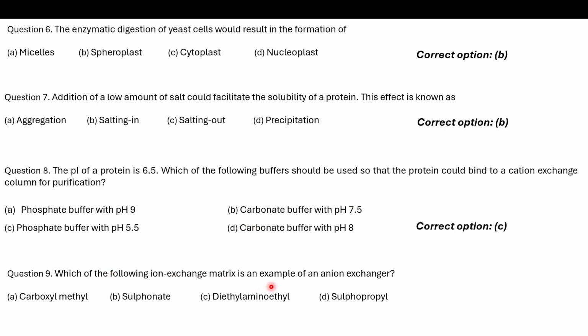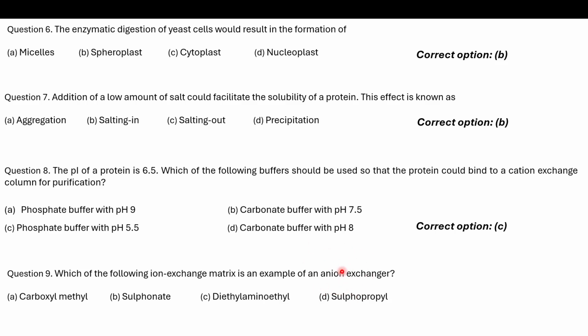Now this is an example of an ion exchanger. In an anion exchanger, the matrix is positively charged and negatively charged molecules of interest will bind to the matrix. Nucleic acids are negatively charged due to their phosphate groups.